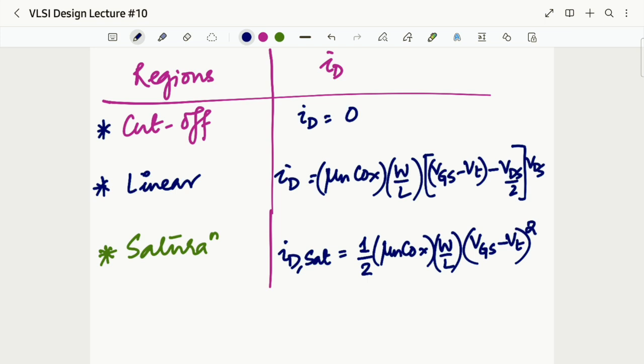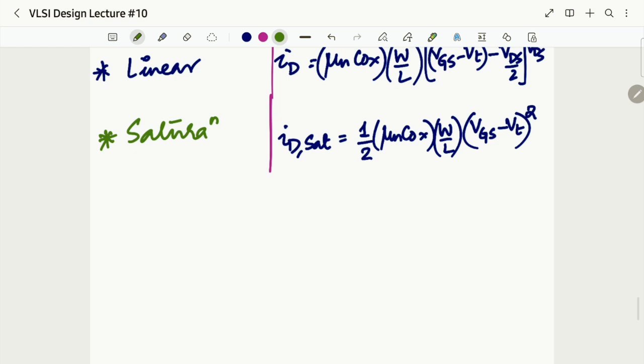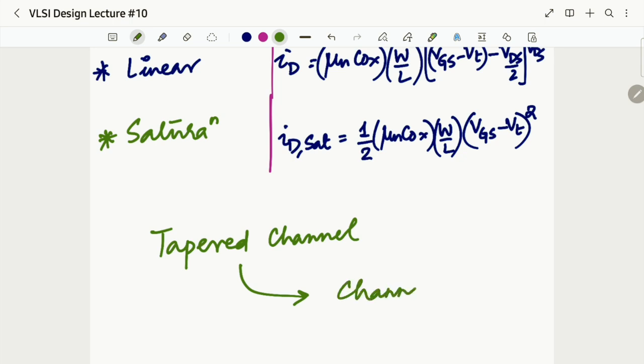Now, at the beginning or in the thumbnail itself, you have seen that I have written something called the twist. So what is this twist that I am talking about? The whole derivation that we did today, we kept on talking about tapered channel. And we know once it is tapered, if we keep on increasing VDS beyond this point, what will happen? Channel pinch off.